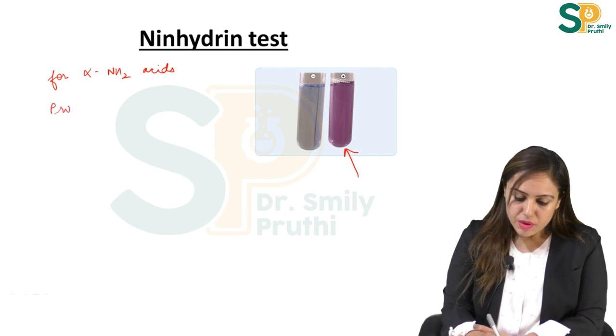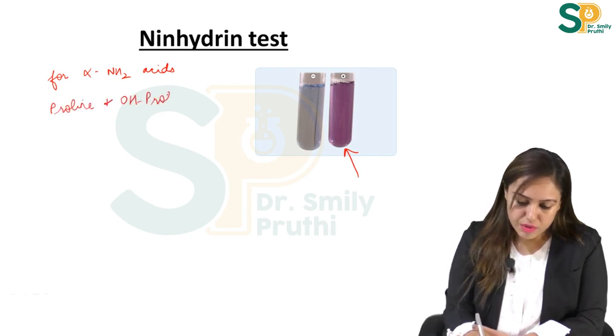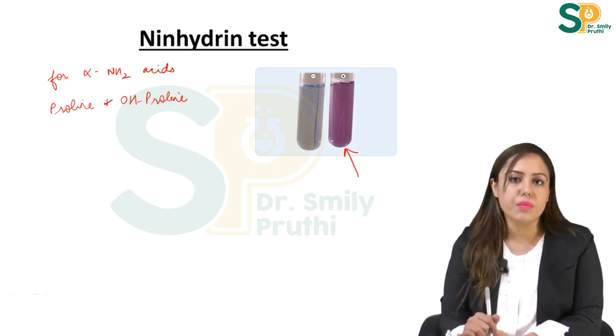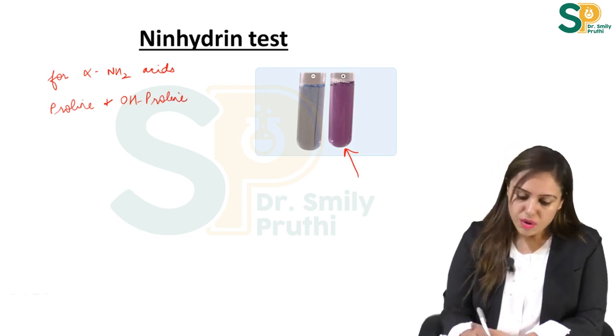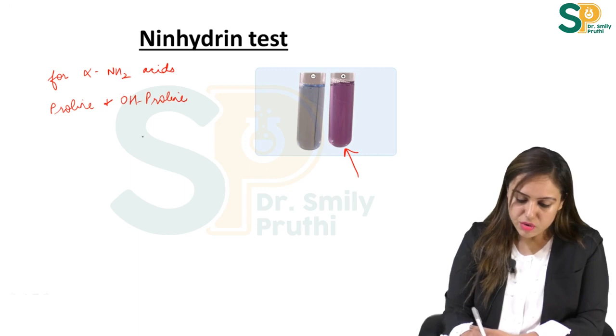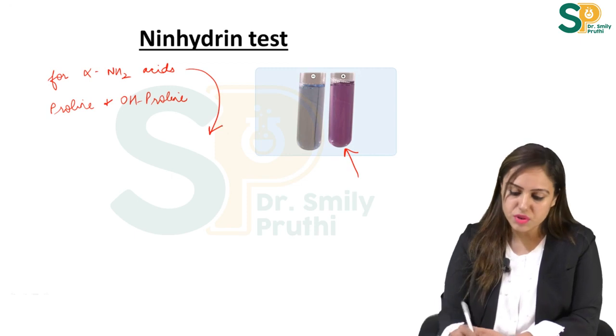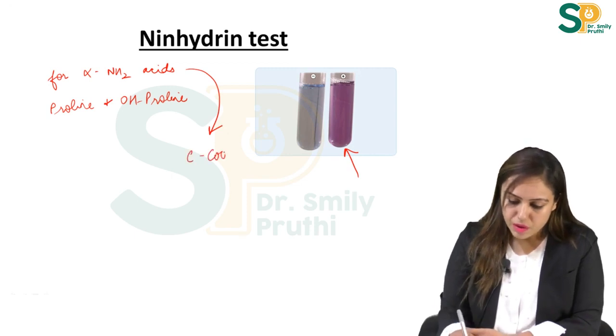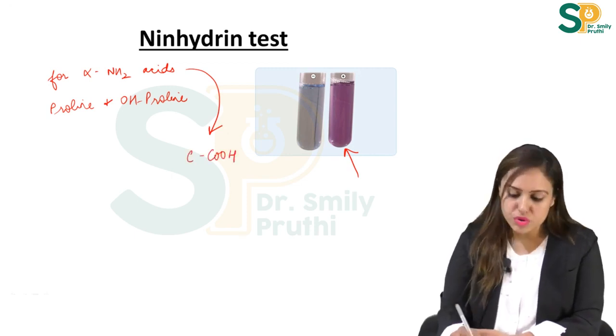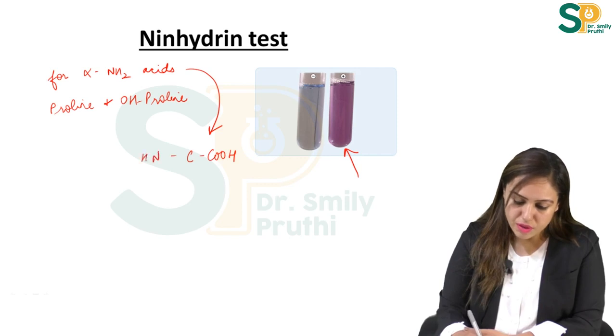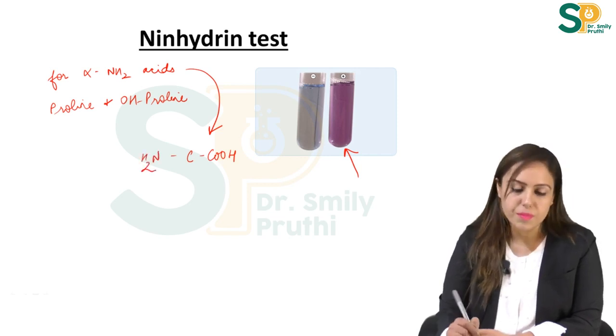but you know that proline and hydroxyproline, they are not alpha amino acids. Or you can say that in case of normal amino acid, first let's take the example of a general amino acid. You know, we have carboxy group on one side, amino group on other side.